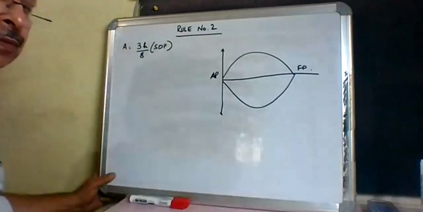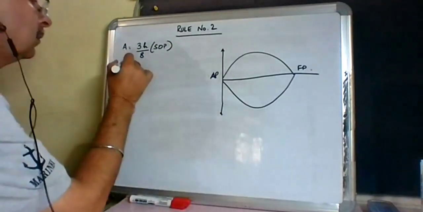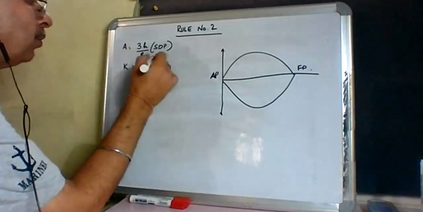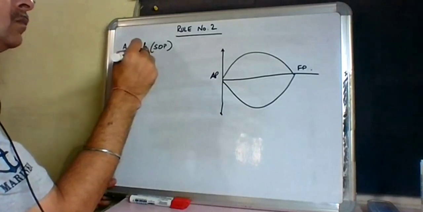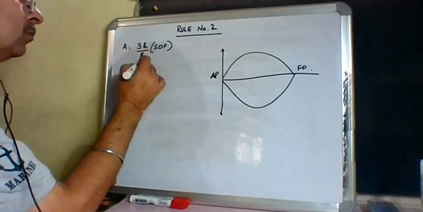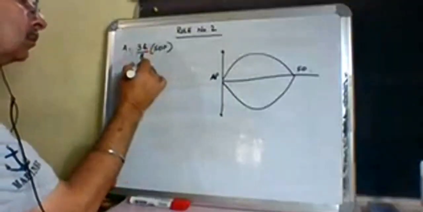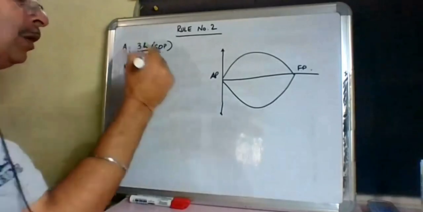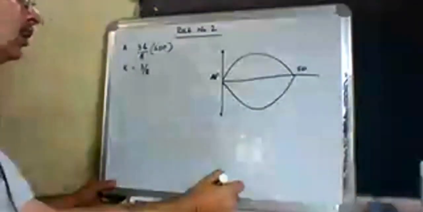So, if I compare this formula with my basic standard formula, then the value of K is how much? Here, 3/8. Is everybody okay with this?